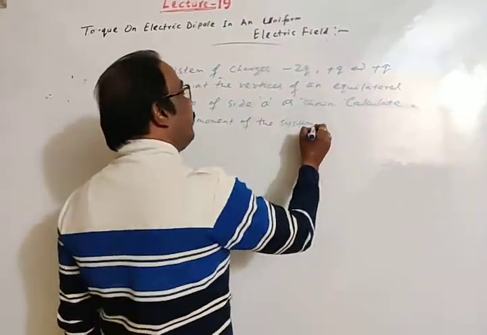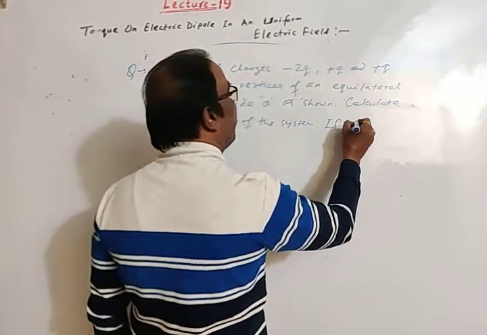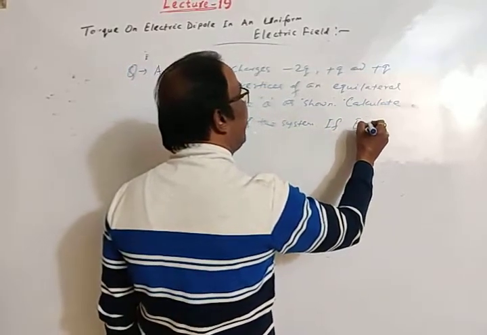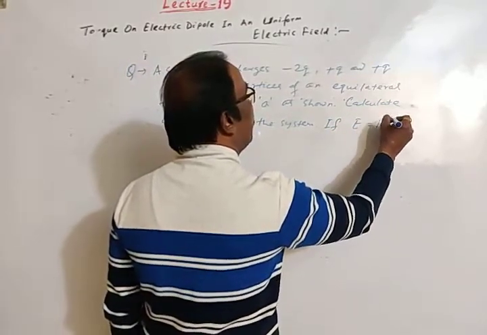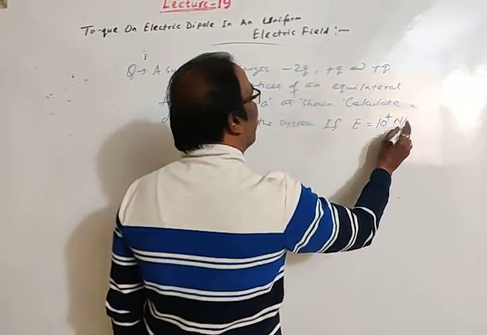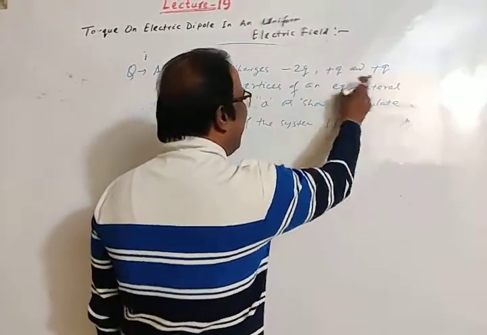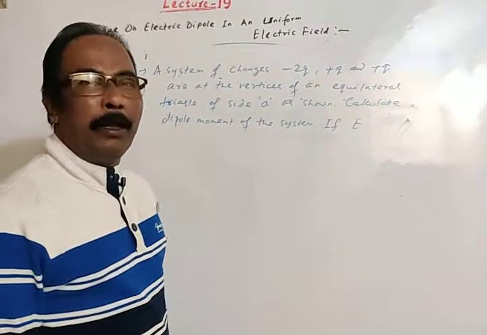If magnitude of electric field is 10 to the power 4, or E, we have already taken variables, I am not taking numerical data.